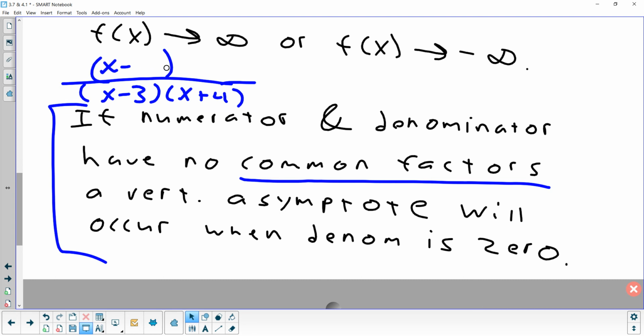If I did this, now I would say that there is a vertical asymptote at -4. At 3, there's a hole. Okay? This doesn't happen a lot, that you get common factors. It would have to be set up just right for that to happen. Okay, any question on that?